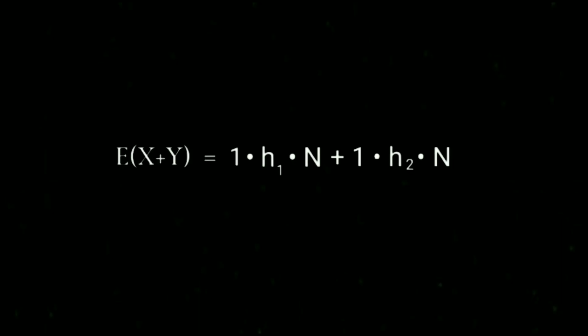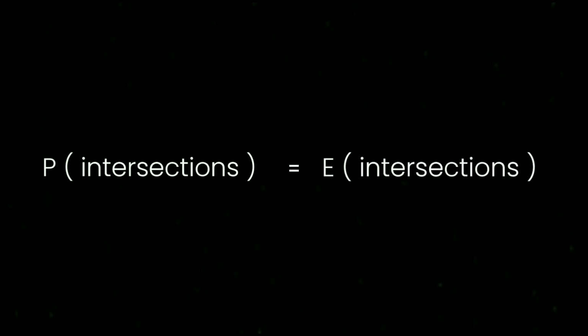Now that we have the sum of the values of capital X and capital Y over all possible outcomes, we simply divide by the total number of outcomes to get the expected value of capital X plus capital Y. Now, as you might expect, the n cancels out, leaving us with h1 plus h2. Now, it might look like there's nothing particularly useful about this result, until you realize that the probability of an intersection is the same as the expected number of intersections.